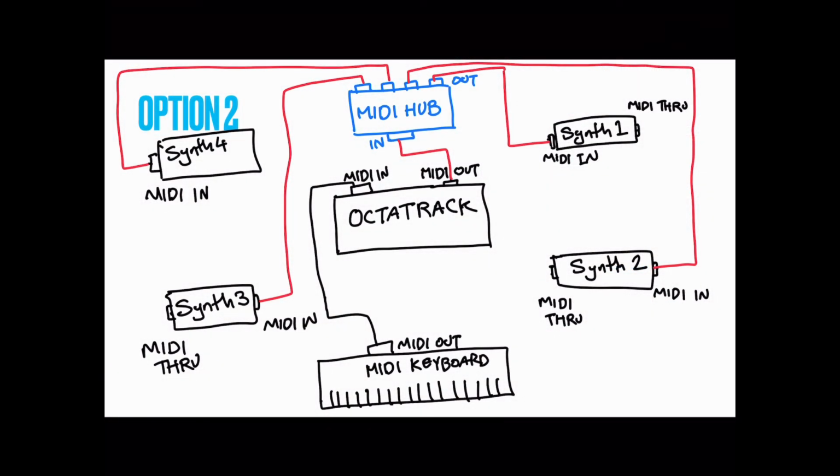Here's option 2, using a MIDI hub. This setup doesn't have the problems of option 1, so no latency, no dropped signals. From Octatrack MIDI out, it goes to the MIDI input of the MIDI hub, and what the MIDI hub does is it replicates what's coming out of the Octatrack MIDI out, creates a copy with the same signal strength, and distributes it to the synthesizers directly.